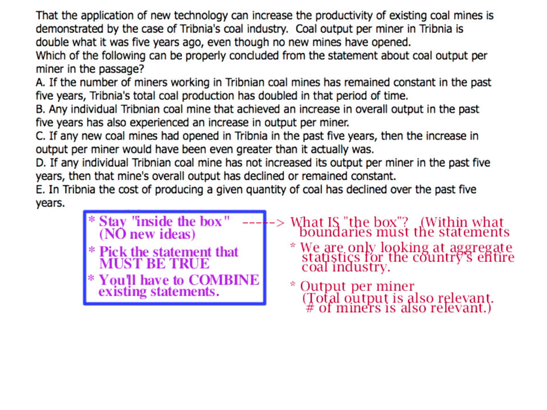Because that's how per statistics work. Output per miner times miners would be total output. So the box of this passage, the boundaries that you must stay in, are aggregate statistics and these particular statistics especially.